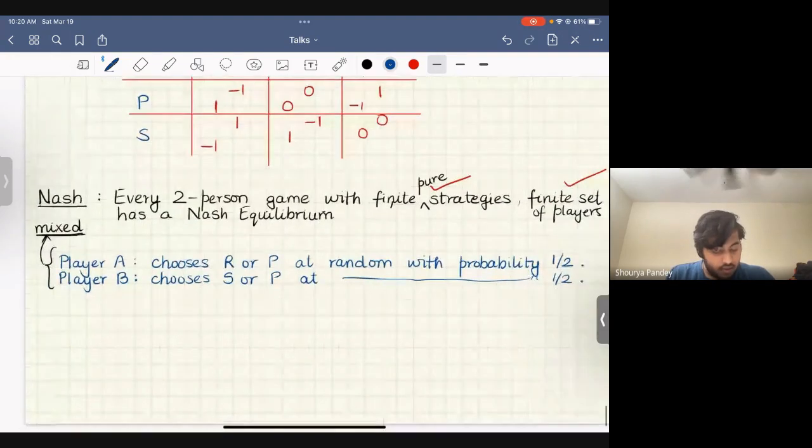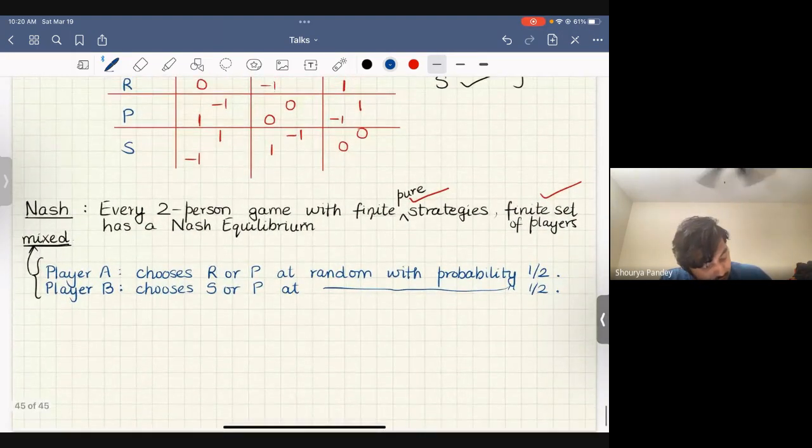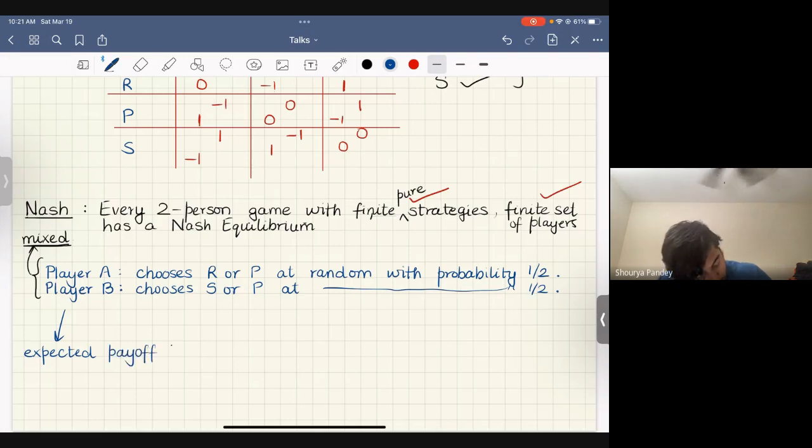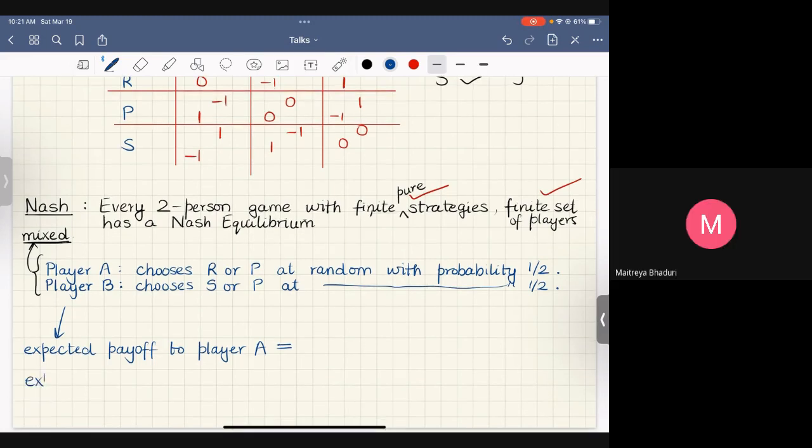So can you tell me in this case what is the expected payoff to player A? Like what is the average amount that player A gets? What happens if player A gets rock and player B gets scissors? 1.